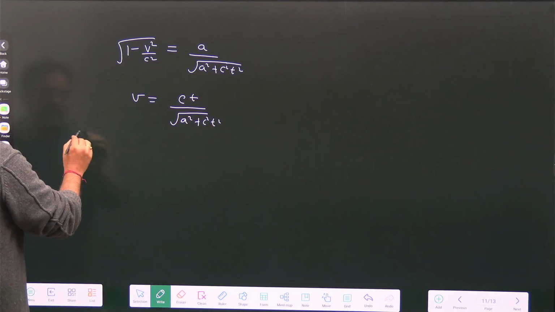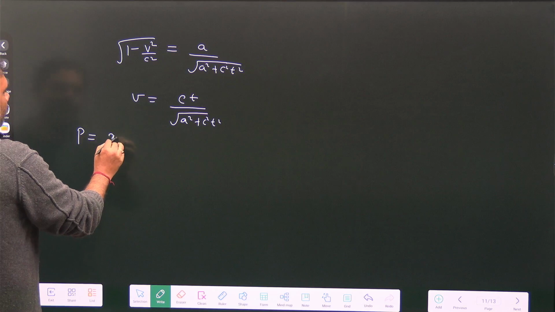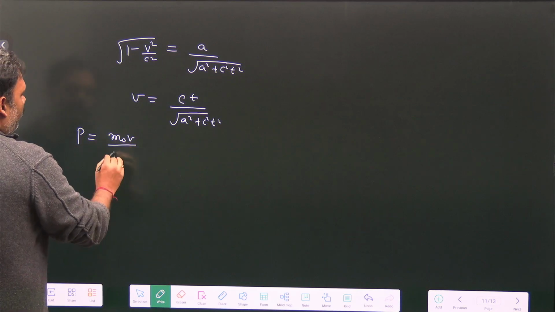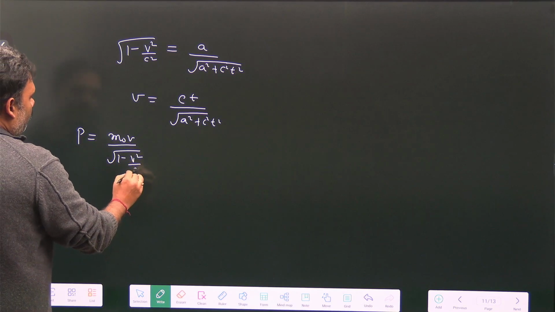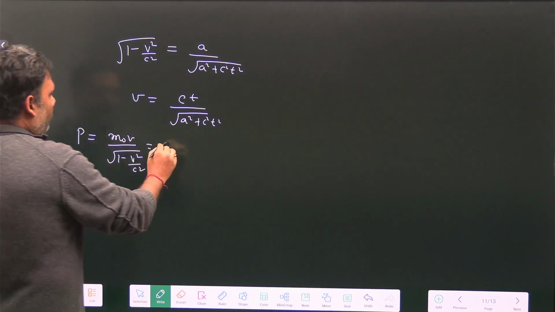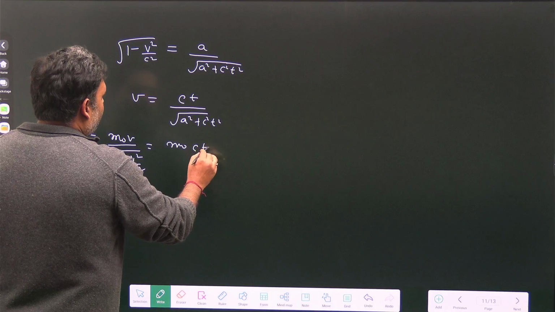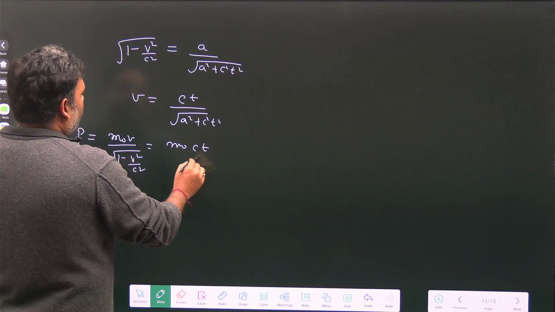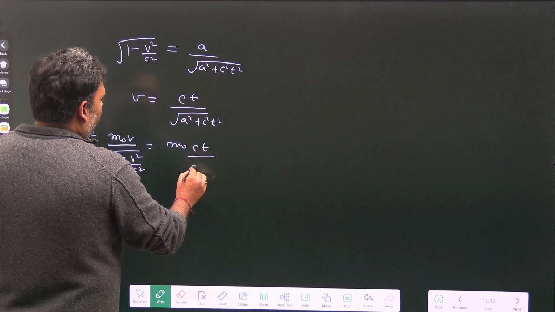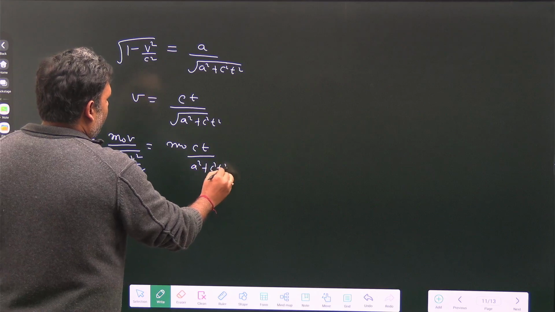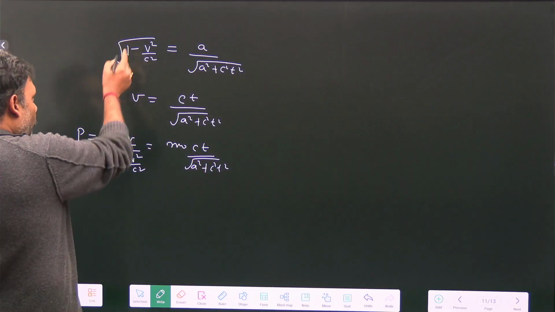And what is the value of momentum? The value of momentum is m naught v upon root under 1 minus v square by c square. And then we can go for this one, m naught, and this value is equal to ct upon root a square plus c square t square, and we have to write 1 upon this one.